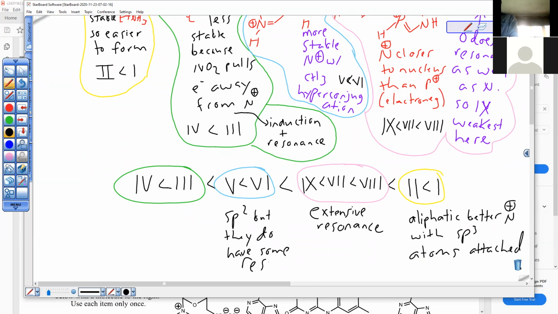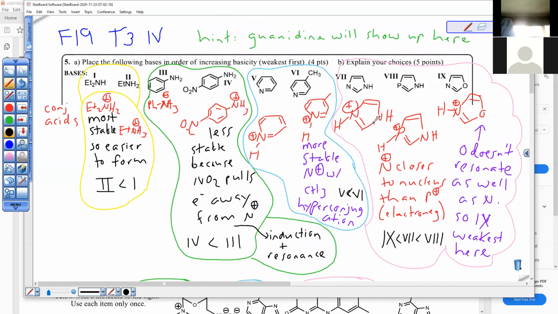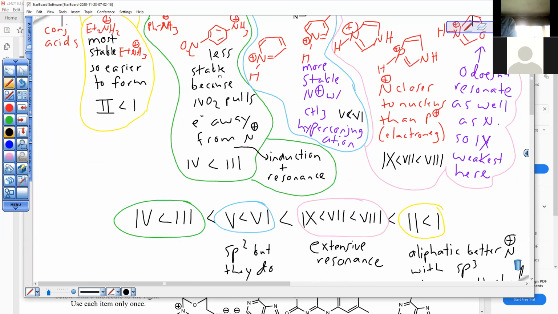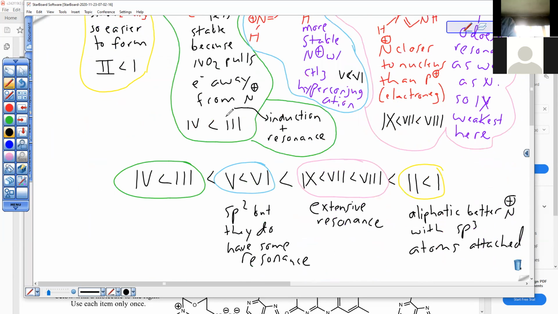They get the normal benzene resonance, right? That helps. These resonate to other aromatics where the plus moves to a different atom. Here, I don't know, just got the other benzene resonance form. That's it. No big advantage there. These, you lose resonance when the nitrogen lone pair loses resonance with the aromatic ring.